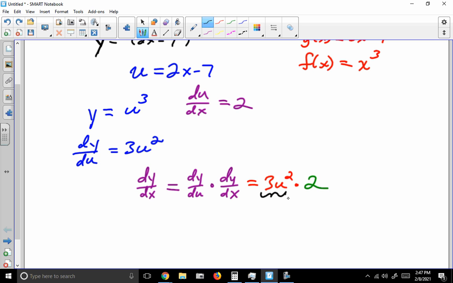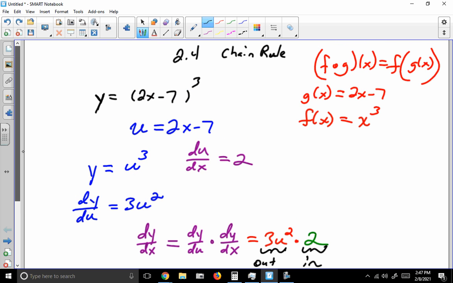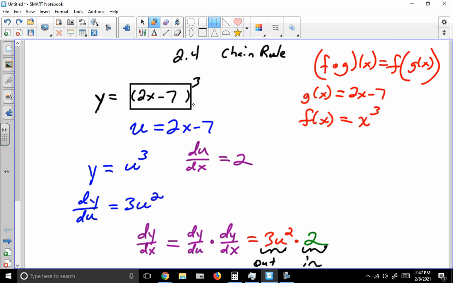Notice this is the derivative of the outside function. This was the derivative of the inside function. So sometimes we refer to this as the outside-inside rule. Whatever our outside function is, which is something to the third power, we have something to the third power.